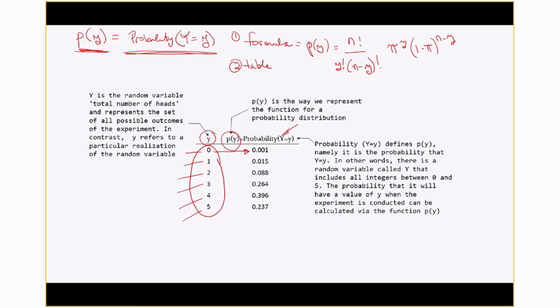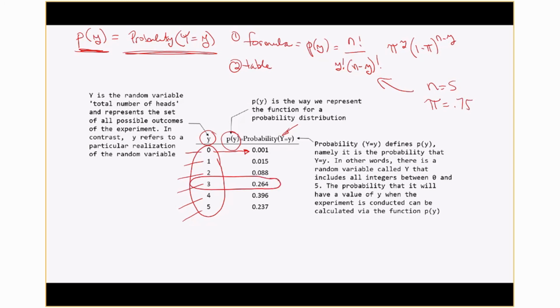And so if we come up to this formula here, and we assume we've done 5 trials, n is equal to 5, and pi, the probability of getting a red ball, is 0.75, then, for example, if we consider this right here, what does that mean?